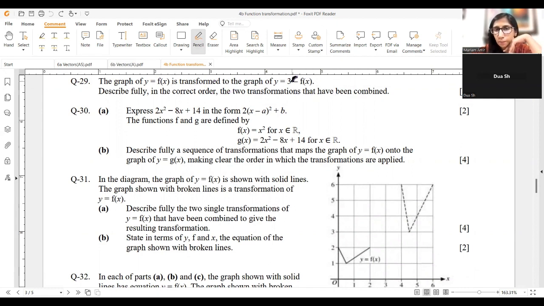So you start with f(x). What transformation changes f(x) into minus f(x)? It's reflection on the x-axis. Yes. So first it got reflected on the x-axis and then it's translation by 0, 3. Yes, that is correct.